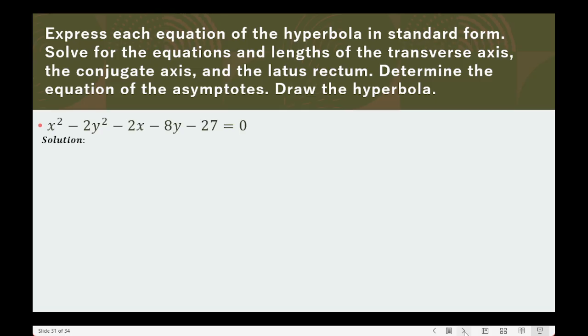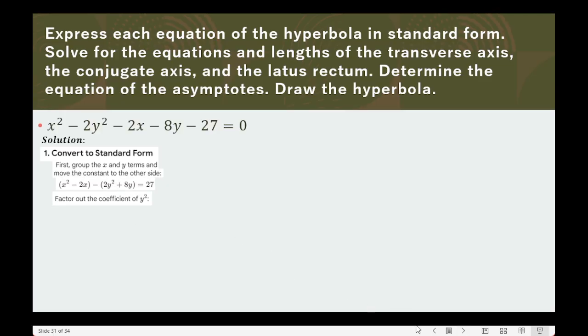Okay, so for our solution, convert to standard form. First, group the x and y terms and move the constant to the other side. So this is the resulting equation. Then, factor out the coefficient of y squared, and that is 2. And this is the resulting equation.